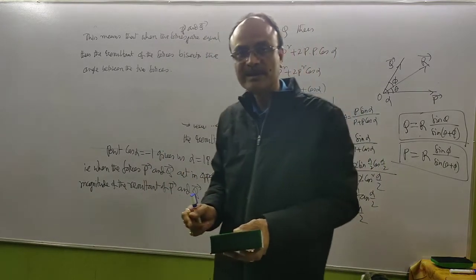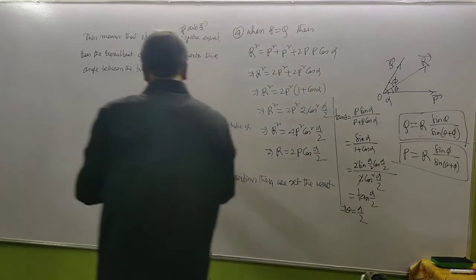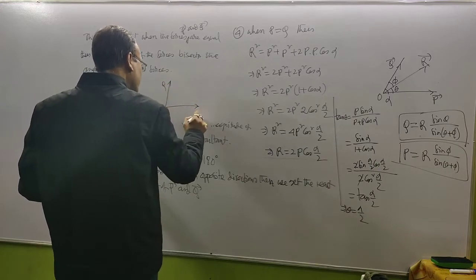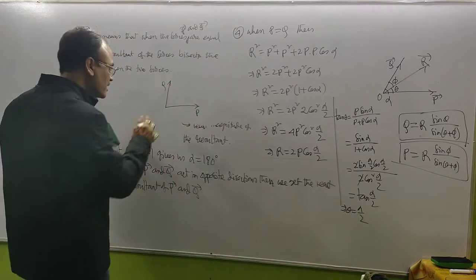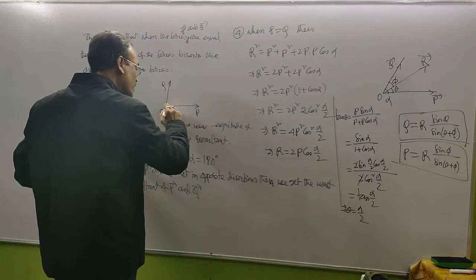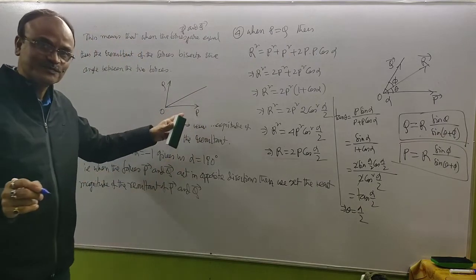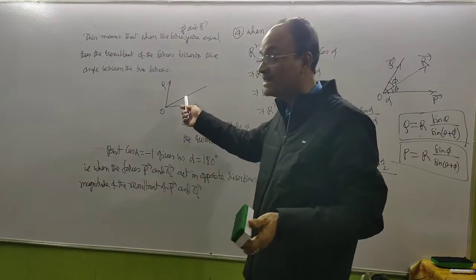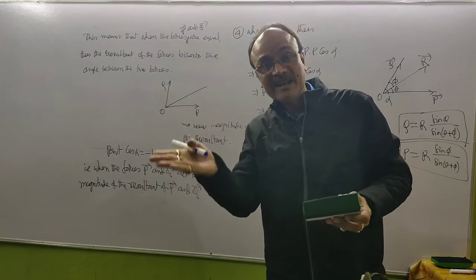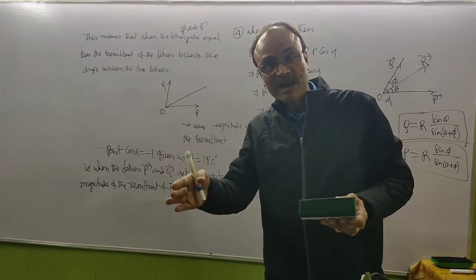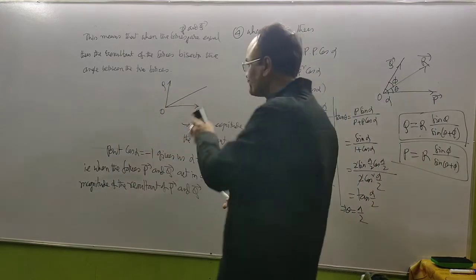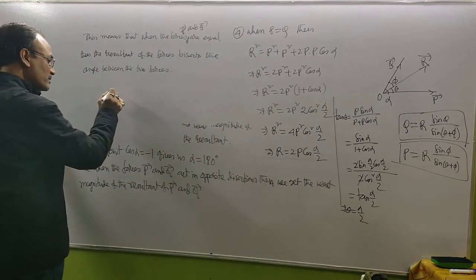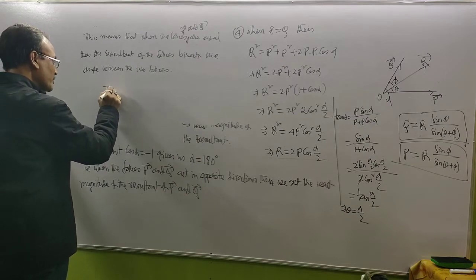Resultant bisects the angle. Generally, the resultant of two forces will be nearer to the greater force. You should also remember this.